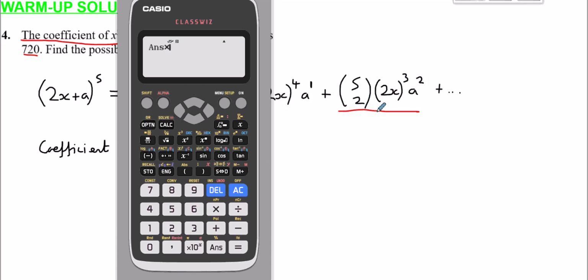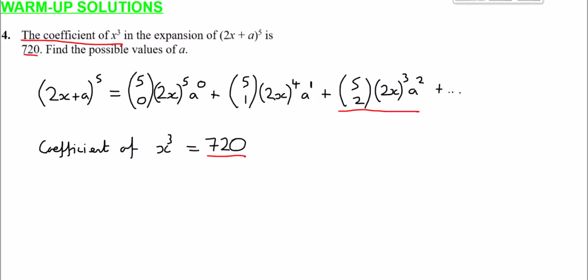Then we need to multiply this by 2 cubed, which gives us 80, and then we multiply that by x cubed and a squared, which of course we don't know what those are. But the 5C2 is 10, and the 2 cubed is 8, so that's enough.